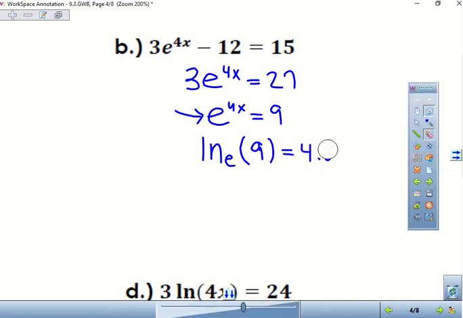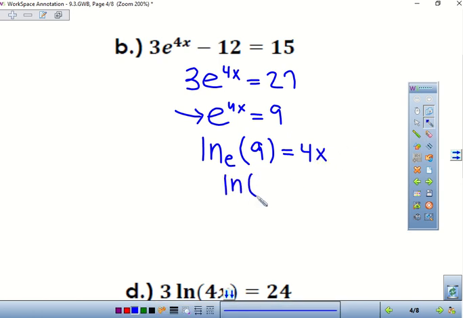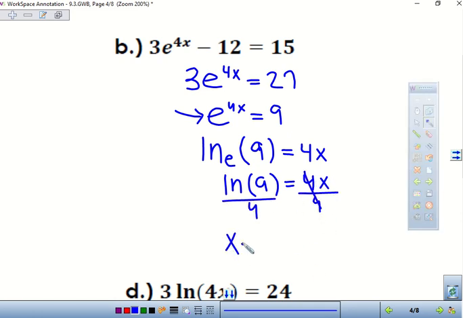Now you're going to drop the e because it's unnecessary, and the calculator won't have it on there. And then to solve for x, of course, you're going to divide by 4, and you get x is approximately equal to ln of 9 divided by 4 in your calculator, and you should get this.